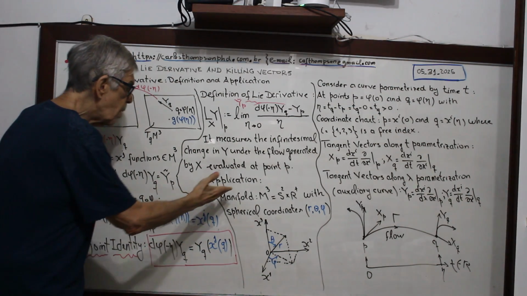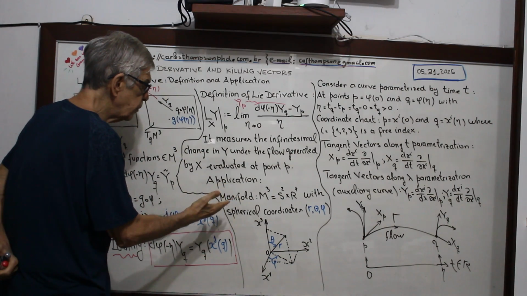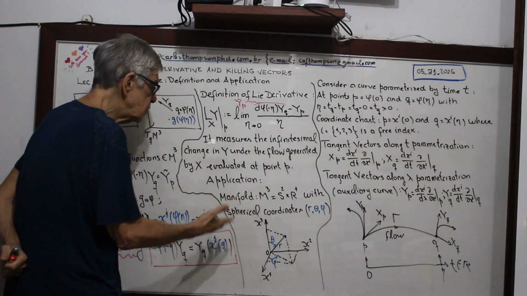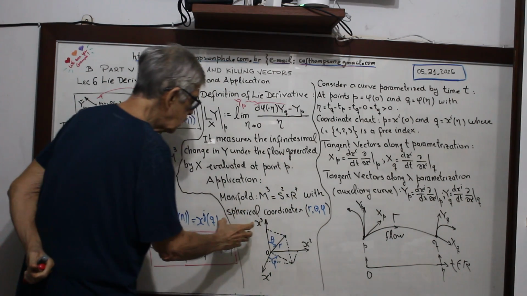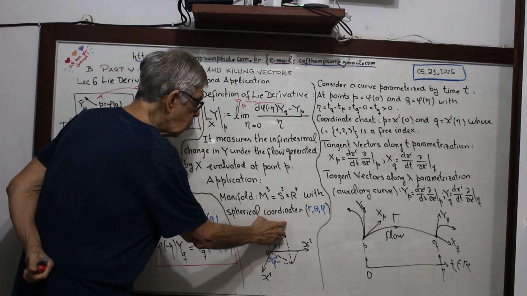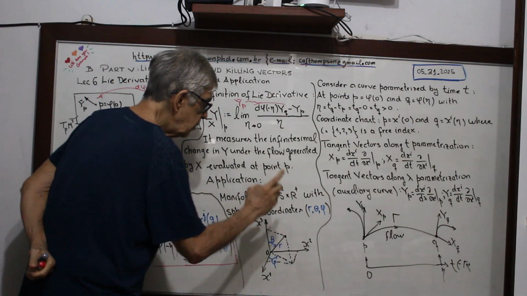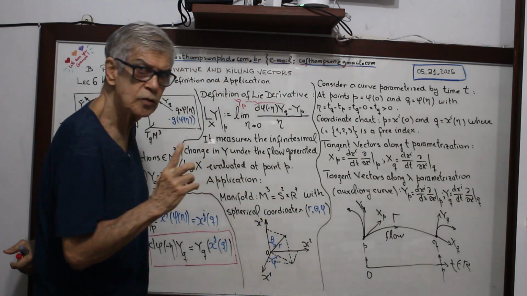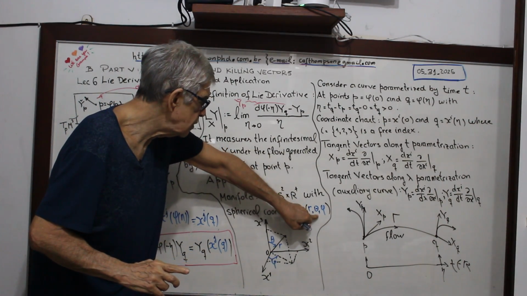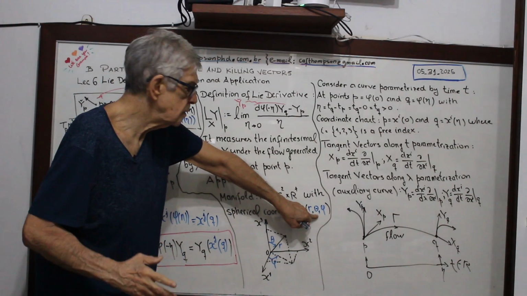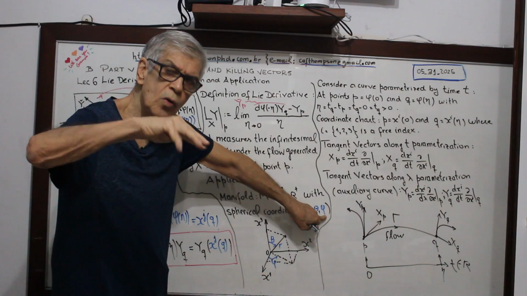So I will apply this definition in a special case of the manifold, which is the sphere. These are spherical coordinates r, theta, and phi. Remember, r is the radius, theta is the polar coordinate, and phi is azimuthal.